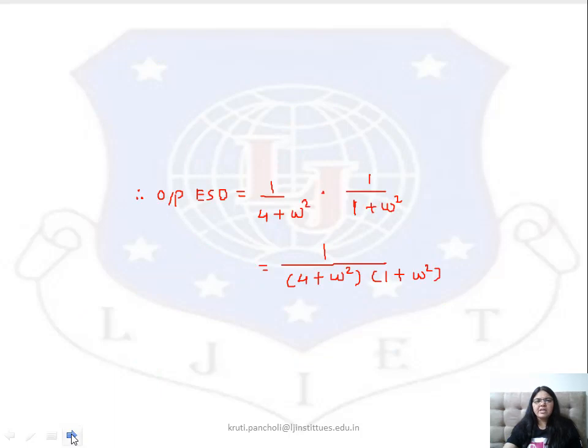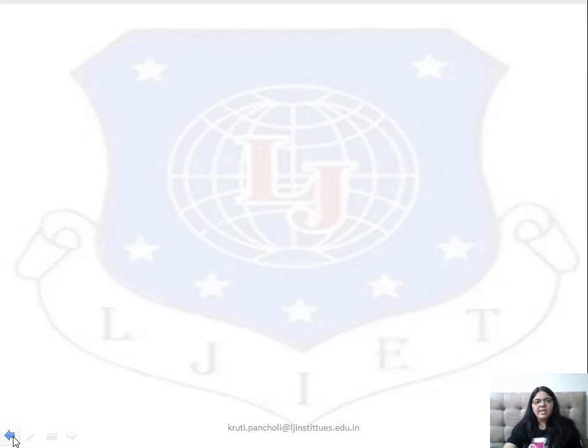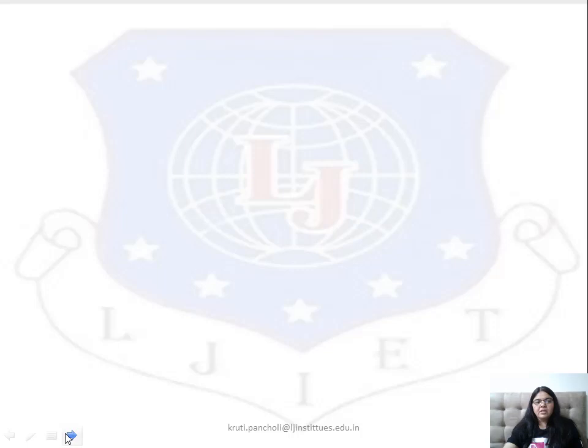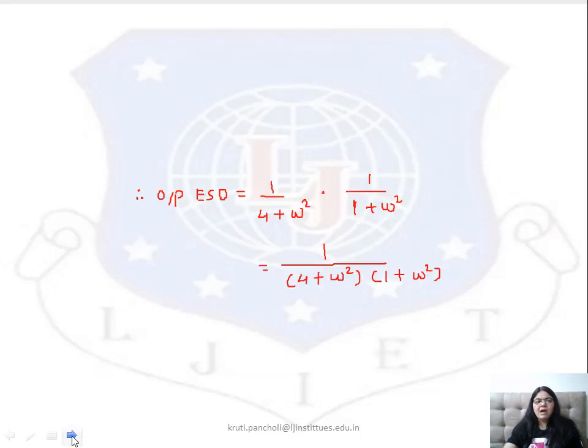Putting in all the values, the output spectral density is equal to 1 upon 4 plus omega squared into 1 upon 1 plus omega squared. So when you have the signal x(t) equal to e raised to minus t u(t), and h(t) equal to e raised to minus 2t u(t), the ESD at the output is 1 upon (4 plus omega squared) into (1 plus omega squared).